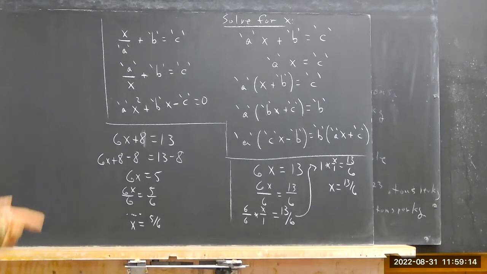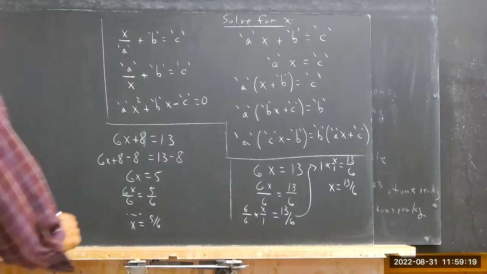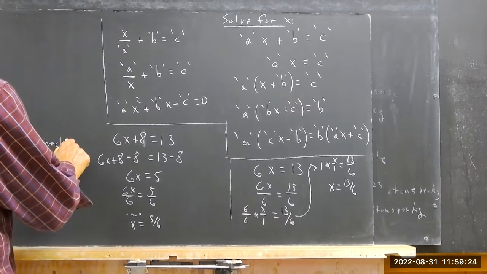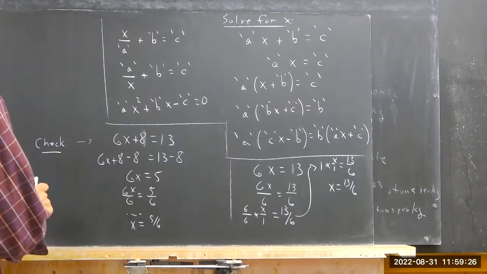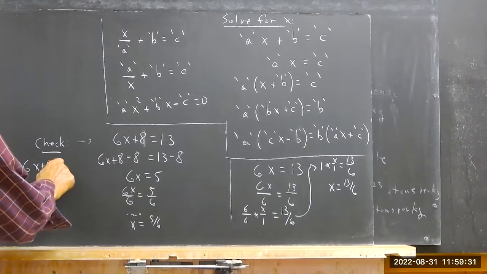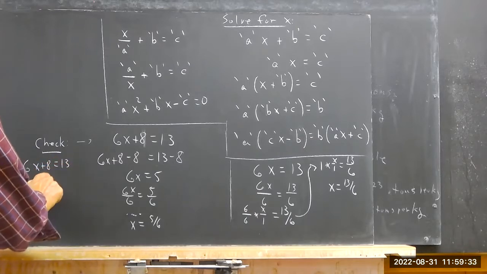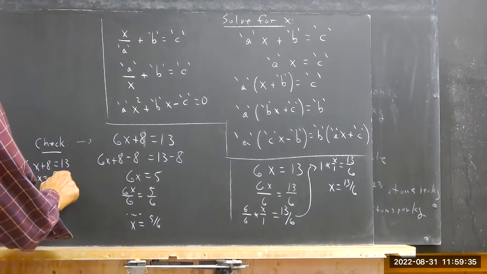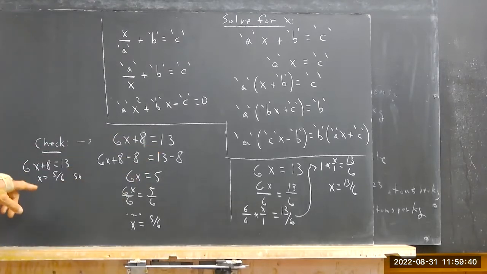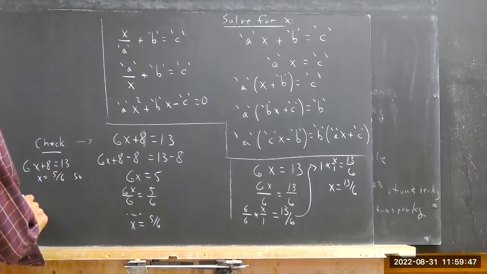Now we should check our solutions. Check this. So the equation is 6x plus 8 equals 13, and x equals 5 over 6. So we want to plug 5 over 6 in for x.